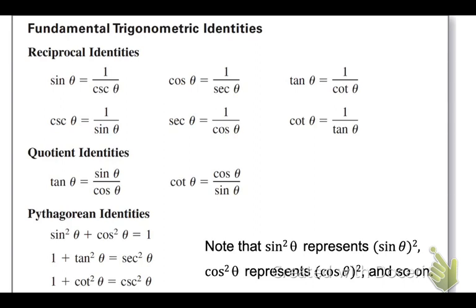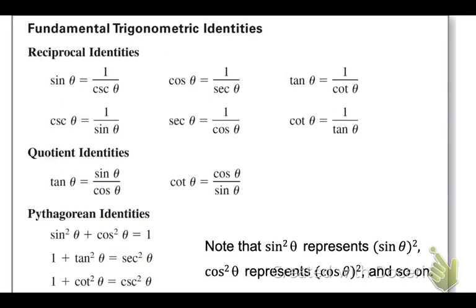Now the next ones we will build tomorrow so you can see how they happen, but I want you to write them down. 1 plus tangent squared of theta equals secant squared theta. 1 plus cotangent squared theta equals cosecant squared of theta. So I'm going to quit talking, but I am going to tell you these are non-negotiable.